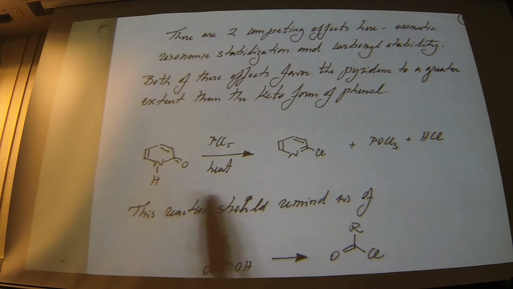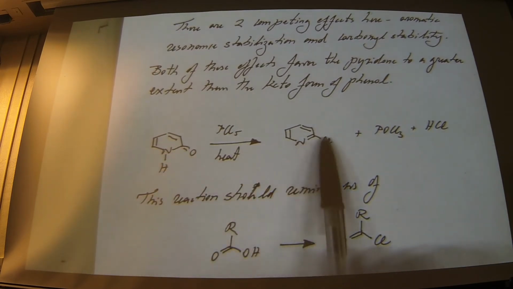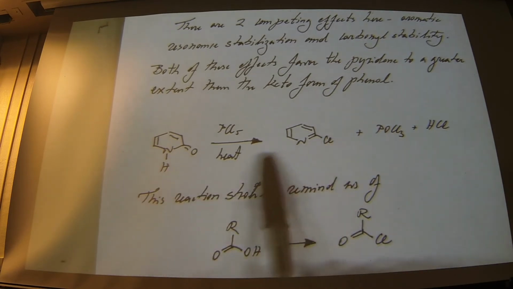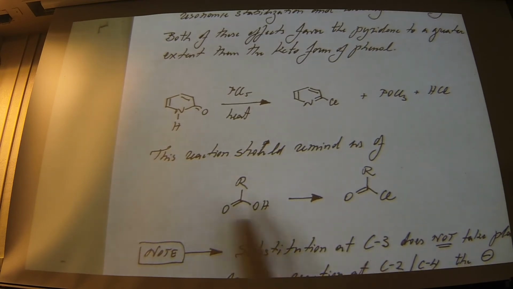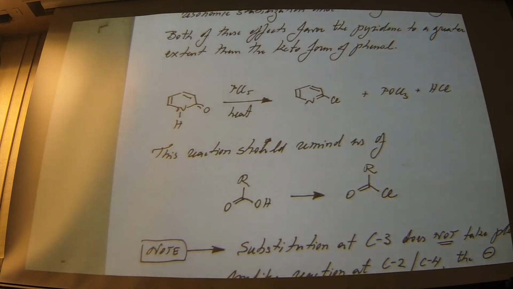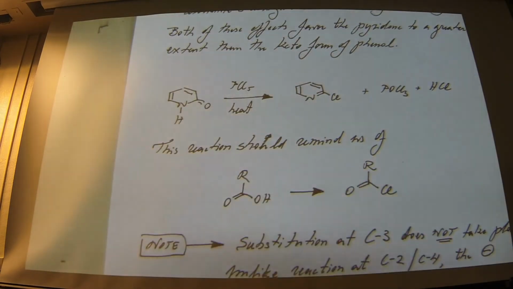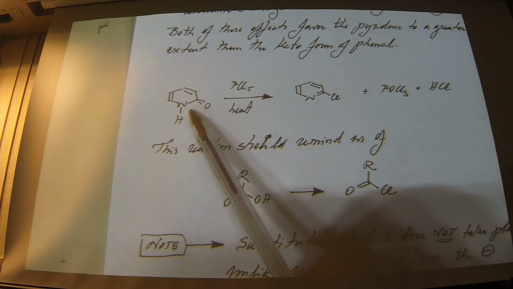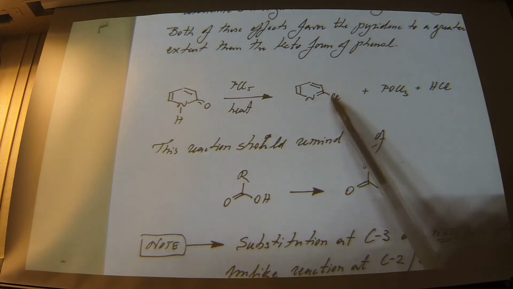Now the pyridone can be converted to chloride or anything you want, and this reaction kind of should remind you of converting an acid to an acid chloride. Why? Well, because if I think of the 2-hydroxypyridine equilibrium species, then that's going to look very much like a hydroxy group here.